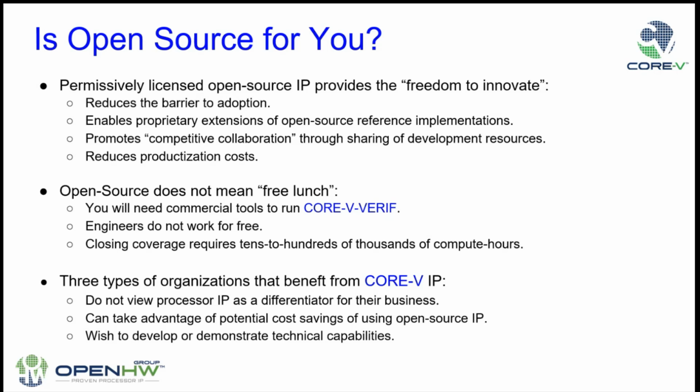They're positioned to take advantage of the potential cost savings from using open source IP. Not everybody is, but a large number of companies are. And at least a third of our members want to have access to the ecosystem to develop their own capability or to demonstrate their capabilities.